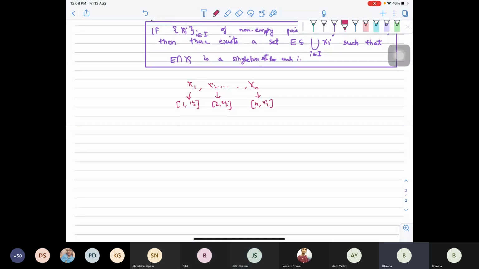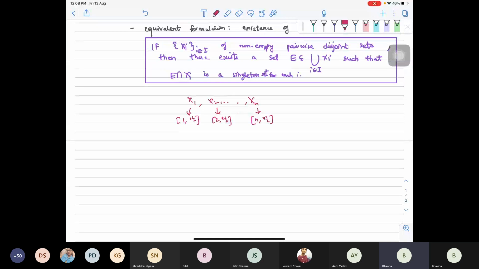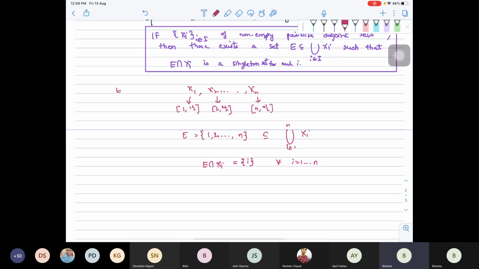So they are pairwise disjoint, non-empty sets. If I take E to be 1 to n, then this E is contained in the union of xi's, right? And E intersection xi is the singleton set, in this case equal to i. So this was a particular example.